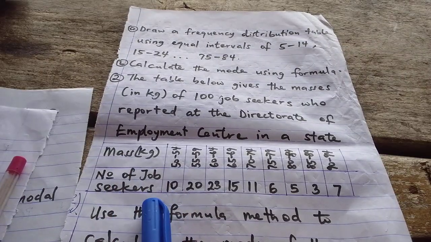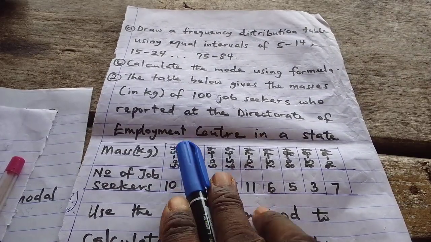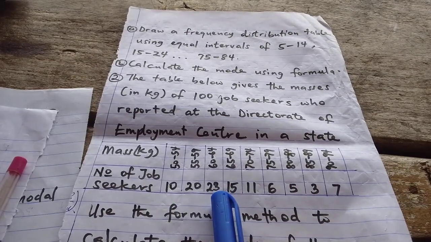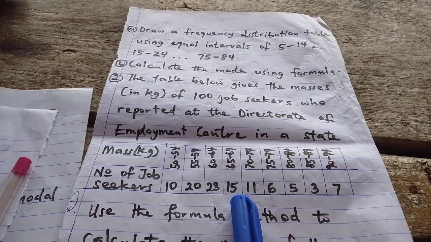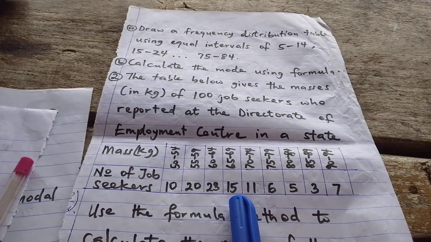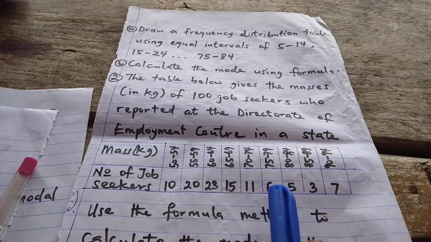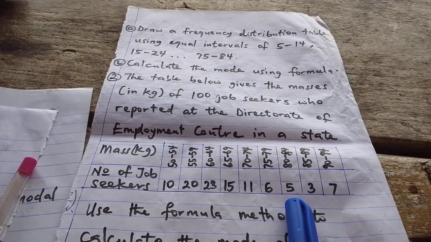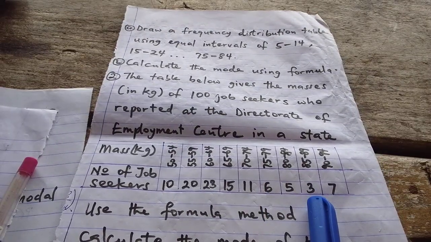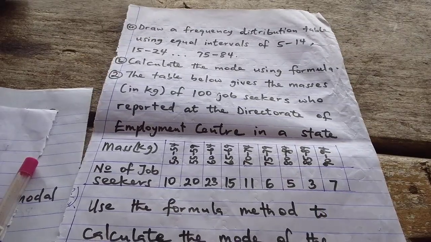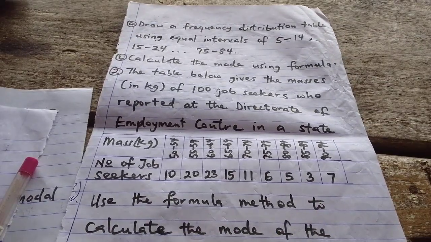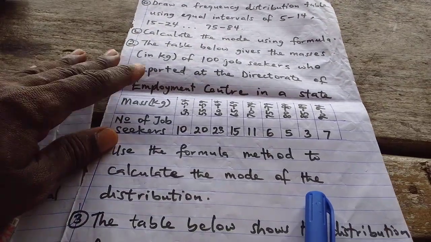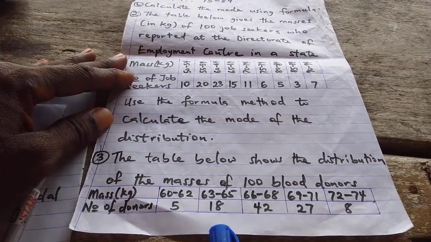Again, the number of job seekers: 50 to 54 we have 10, 55 to 59 is 20, 60 to 64 that's 23, 65 to 69 is 15, 70 to 74 is 11, 75 to 79 is 6, 80 to 84 that's 5, 85 to 89 is 3, 90 to 94 that is 7. Use the formula method to calculate the mode of the distribution. You are expected to use the formula to calculate the mode of the distribution.